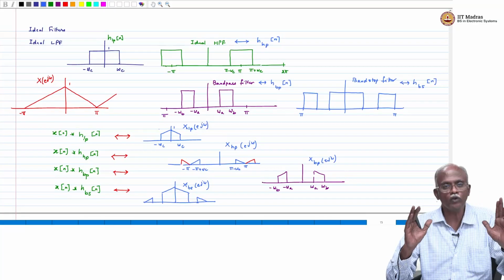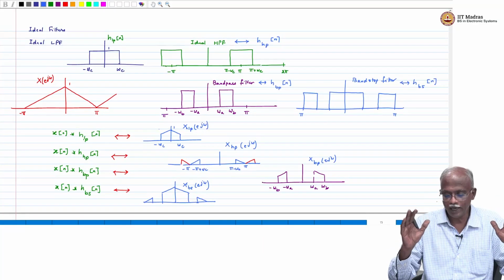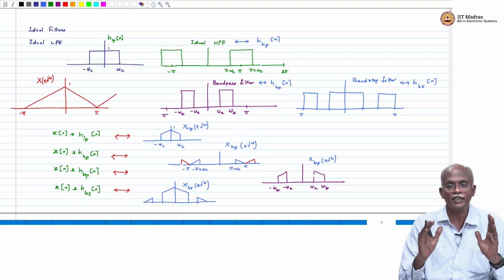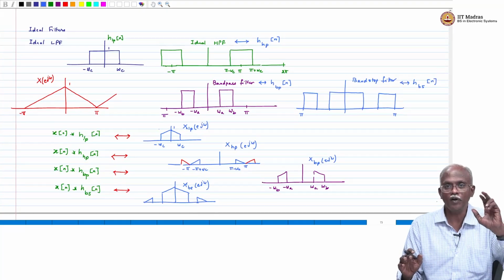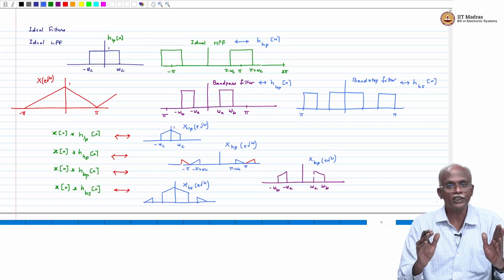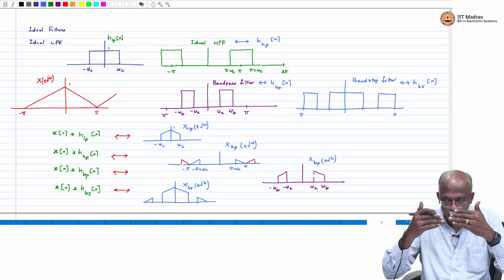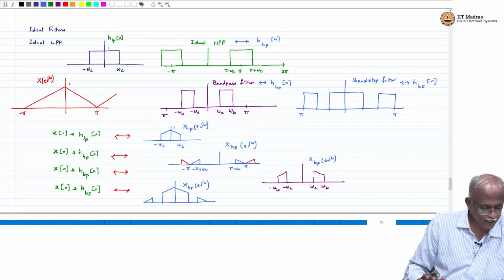This is very useful for us when we start designing filters, because you must have in your mind the behavior of the filter and how to specify the filter. This is a good starting point: if you understand how these filters will impact your signal, what modifications you want to make, and therefore which filter you should be using, you can write down the specifications.